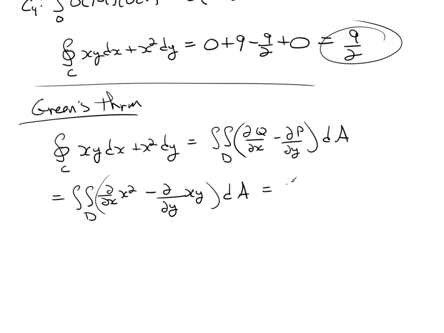That's going to be the double integral over the region of 2x minus x over that region. And recall this region looks like this.